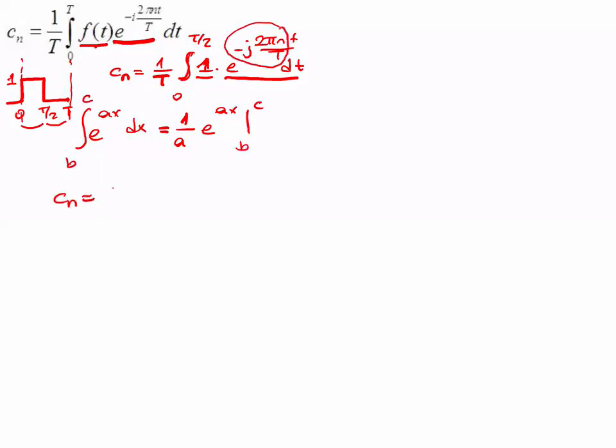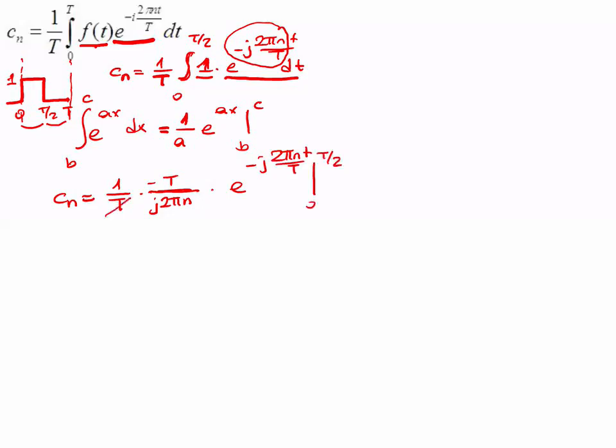Cn is going to be equal to 1 over T times T over minus j 2 pi n. Okay, I just reversed this part, and then e to the power minus j 2 pi n t over T from 0 to T over 2.